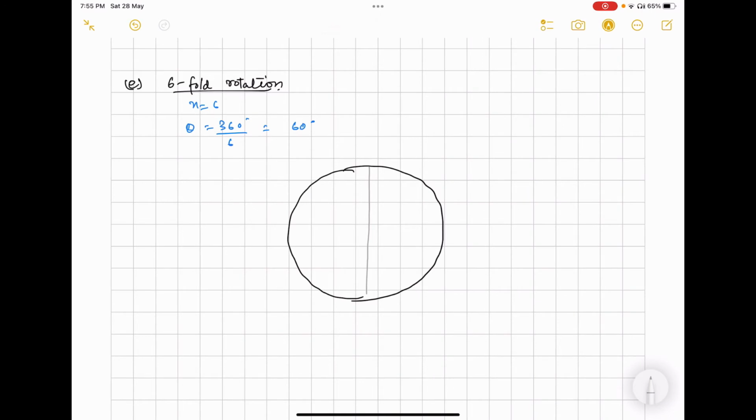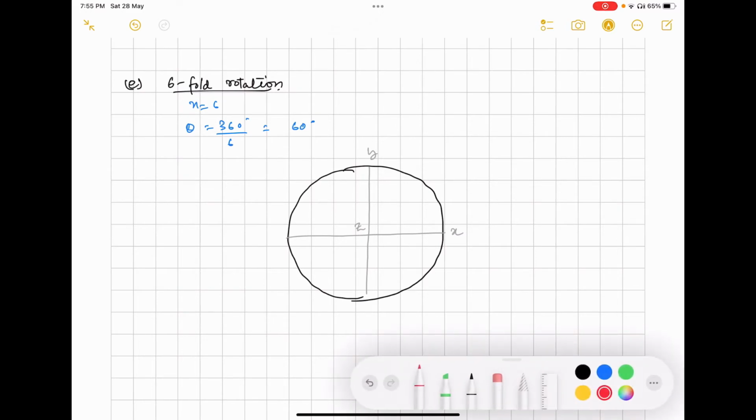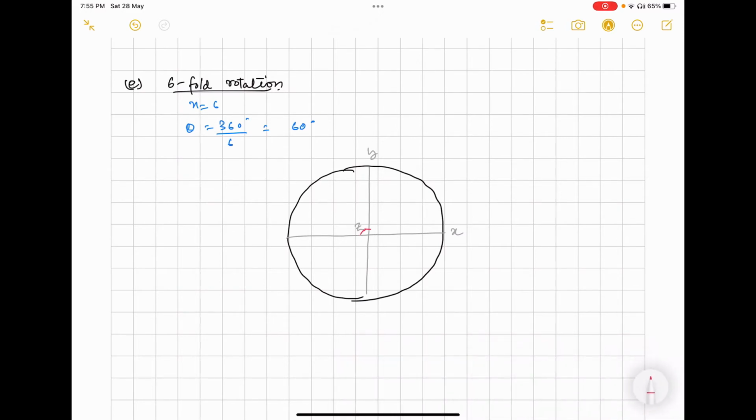These are the axes. This is X, this is Y, and this will be Z. It is represented by a regular hexagon. Here we are considering all the rotations taking place about the Z axis. This is a regular hexagon. Now let us divide it into 6 parts of 60 degrees each.